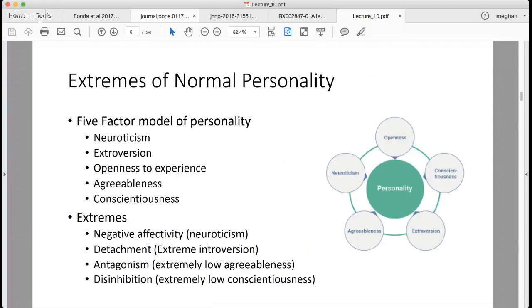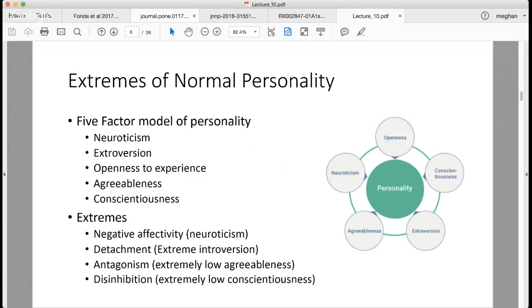The dominant model of personality is the 5-factor model. It consists of 5 factors of personality: neuroticism, extroversion, openness to experience, agreeableness, and conscientiousness. You can also reorder that to spell OCEAN, if that's easier to remember.